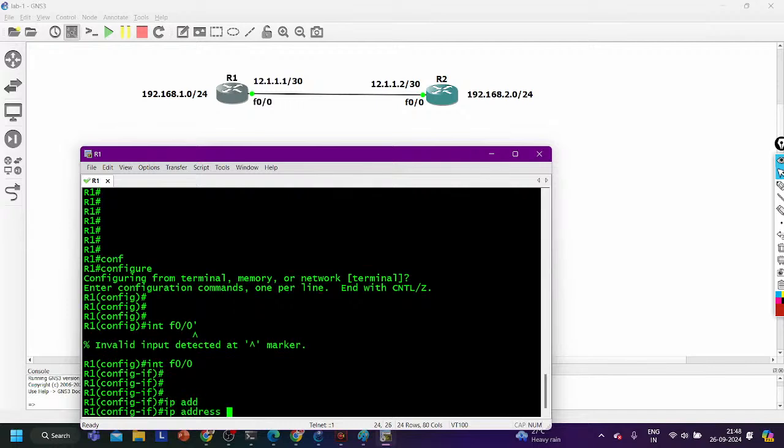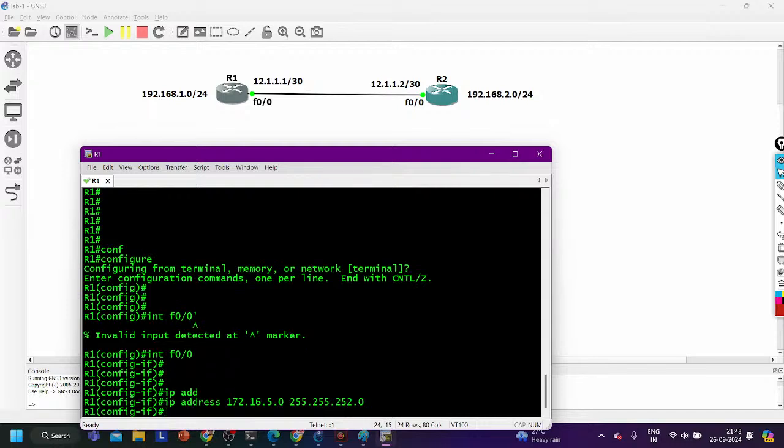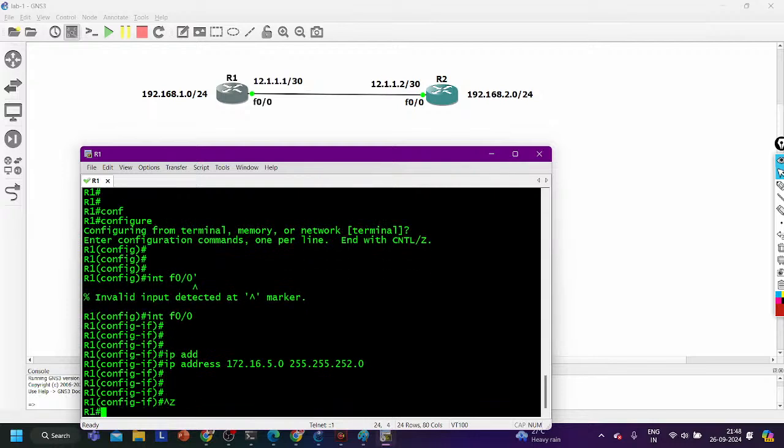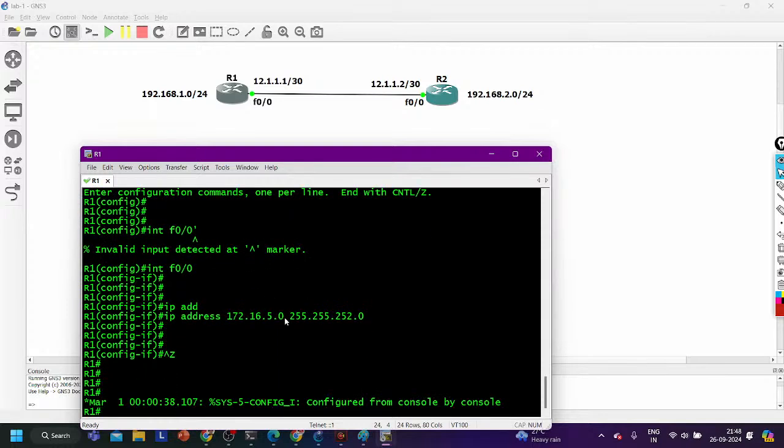IP address 172.16.4.0 or 5.0, subnet mask 255.255.252.0. You can see it's working, right? That means it is a very valid IP address.